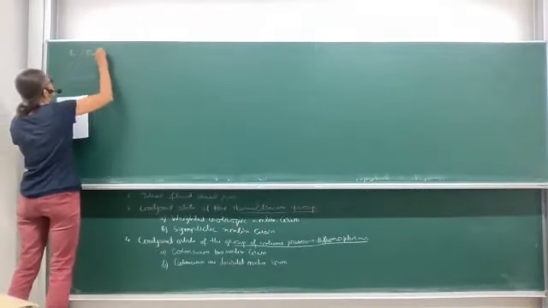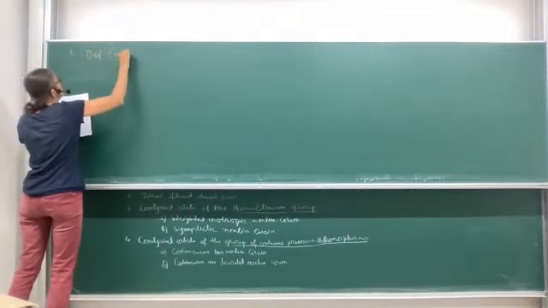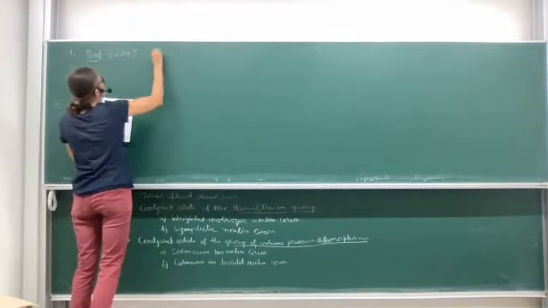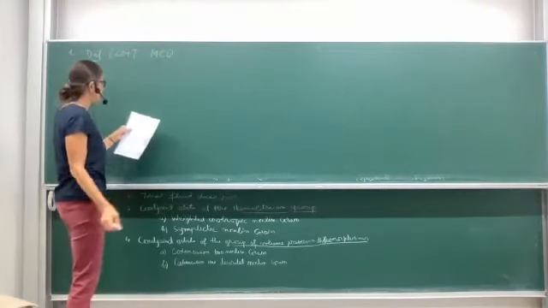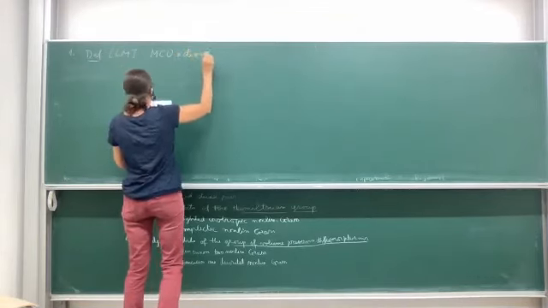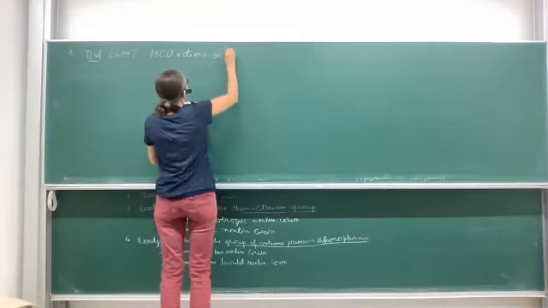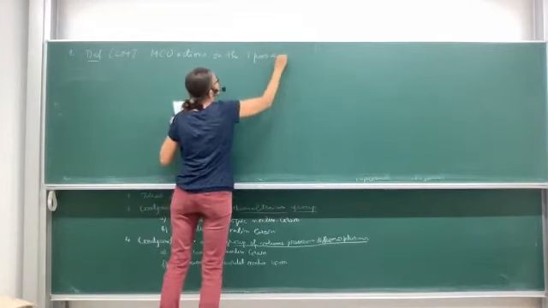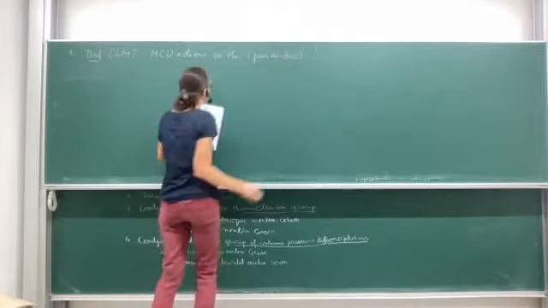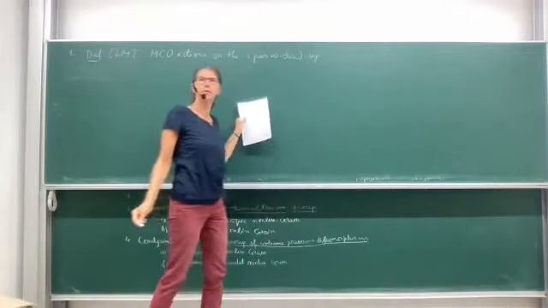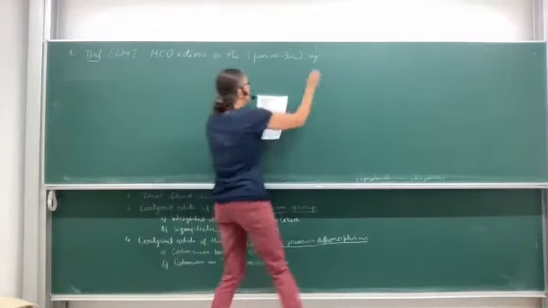So it's this definition: MCO, mutually completely orthogonal actions, on a possibly infinite dimensional symplectic manifold. In our case, it will be the manifold of embeddings.